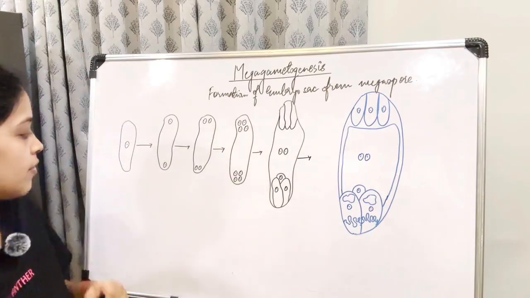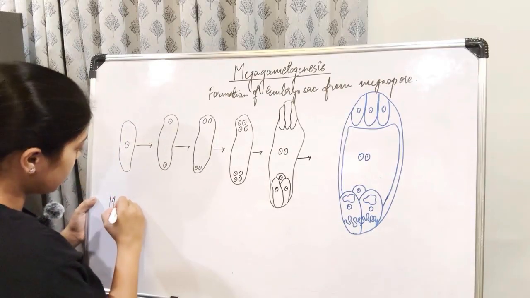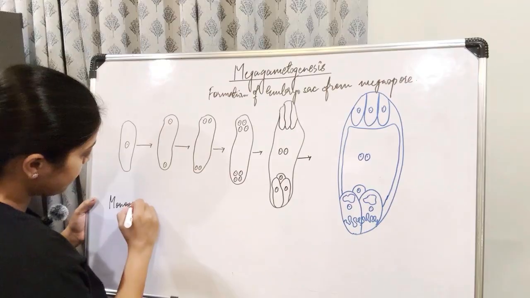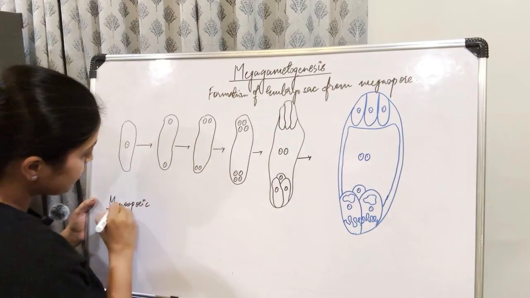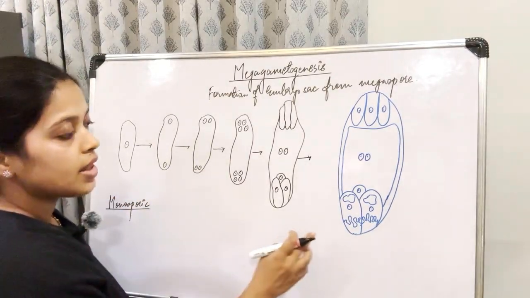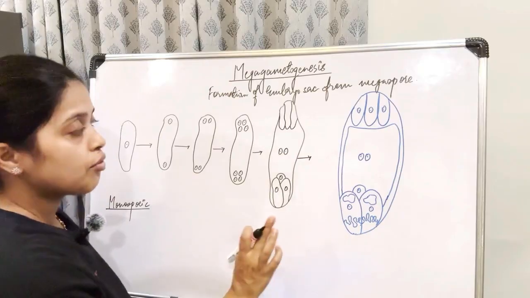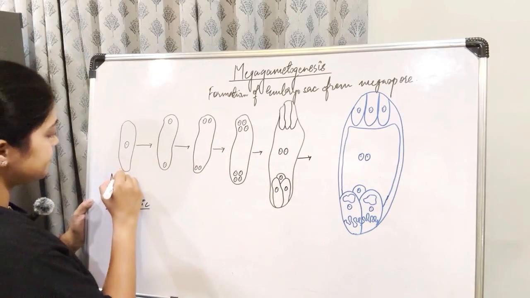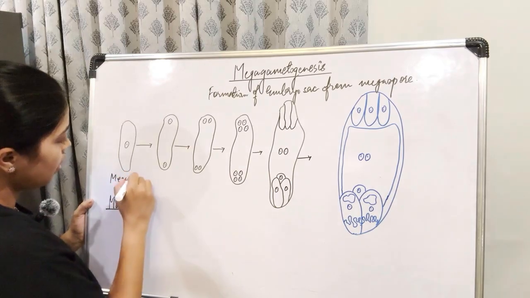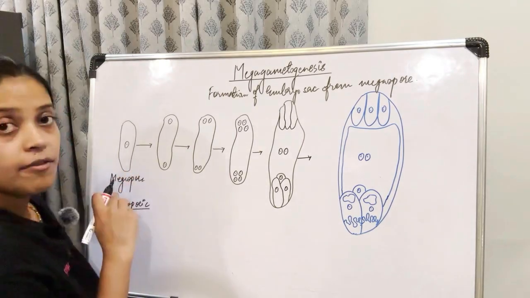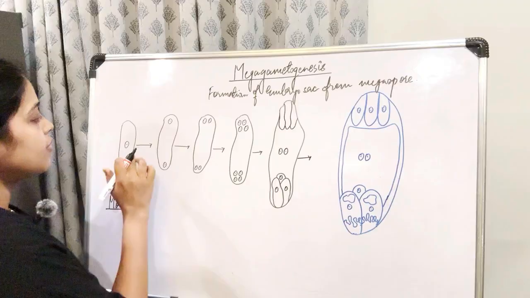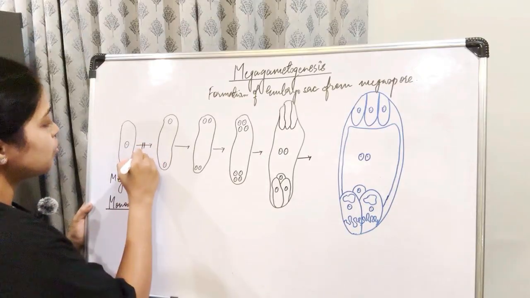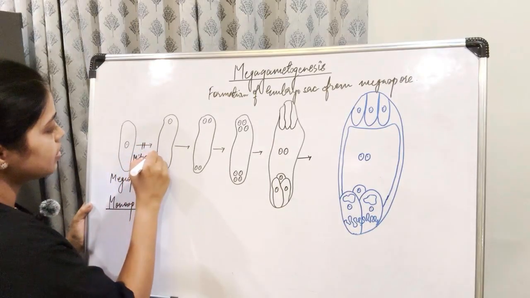So we call the development monosporic, because the embryo sac is going to form from a single megaspore. Now this is the megaspore. So now the megaspore divides through mitosis.